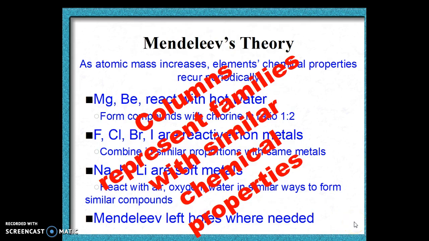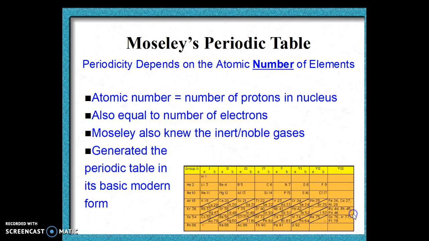The columns in Mendeleev's periodic table represent families with similar chemical properties, and this is how we have structured the periodic table ever since. A few years later, Moseley came along in England. He was a student of Rutherford's, and he found, no, it's not the atomic mass that is the measure by which we see the increasing and periodic property repetition.